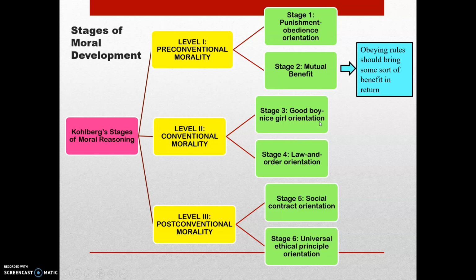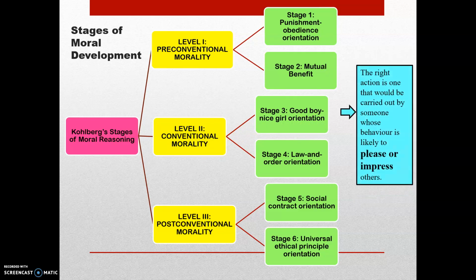And for level 2, the conventional morality, first, stage 3 is the good boy and nice girl orientation. A child does an action so that everyone in society will see him or her as a good boy or a nice girl.